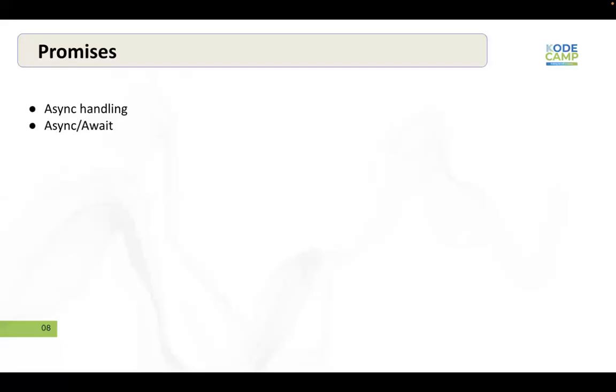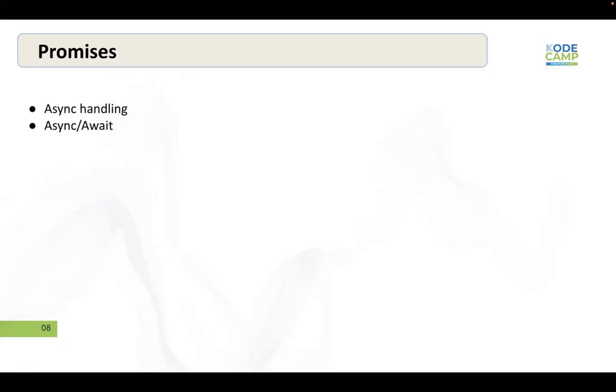So JavaScript, first of all, used callbacks for this. Callbacks are just functions passed to other functions to be called when async operations complete. So it evolved to promises, which were introduced in ES6, ECMAScript 6, which is what we are discussing. So this is an object representing eventual completion or failure of asynchronous operations.